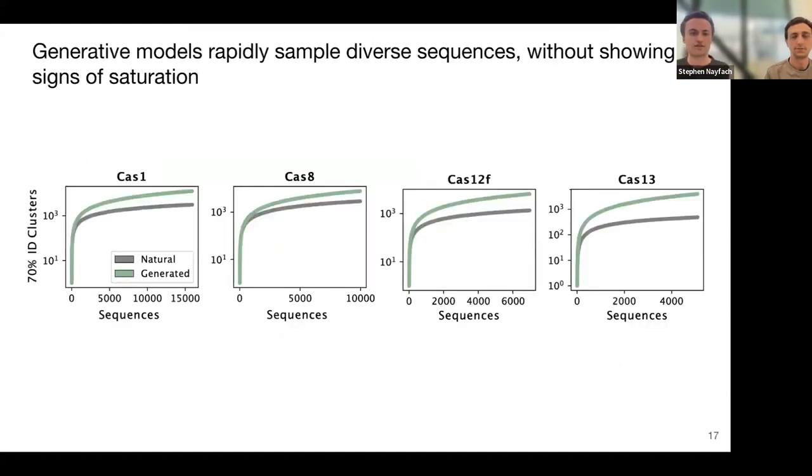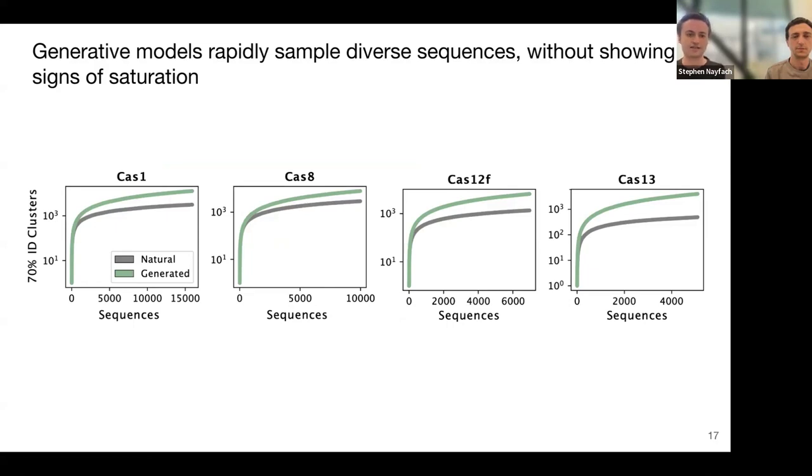Of course, we can only generate a finite number at any given time. But we can also project: if we were to keep generating sequences from our models or collect more from nature, would we have saturated the possible sequence space, or could we keep finding new sequences? So these plots show, for 4 families, an in silico experiment where we've tested that idea.